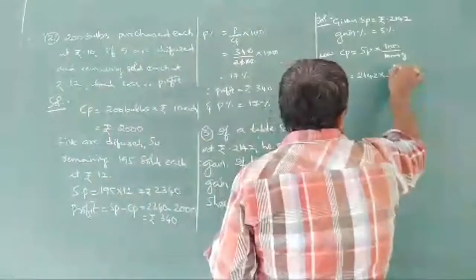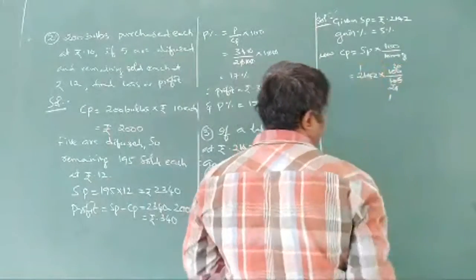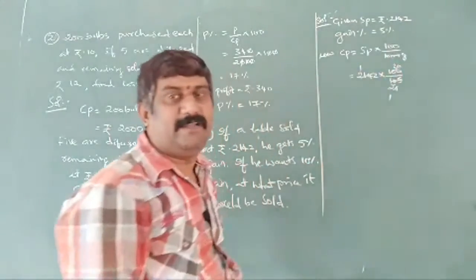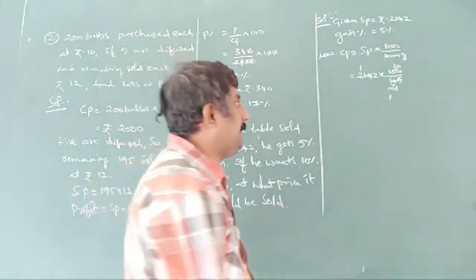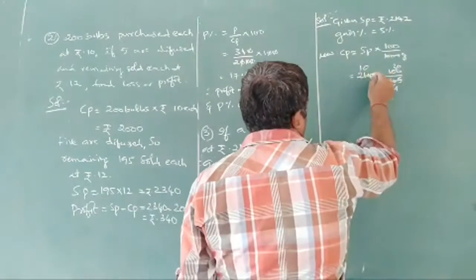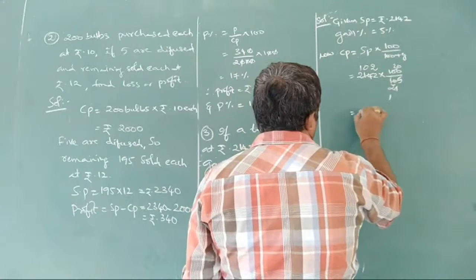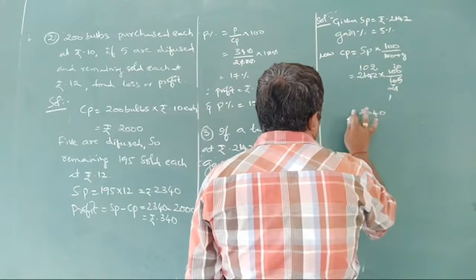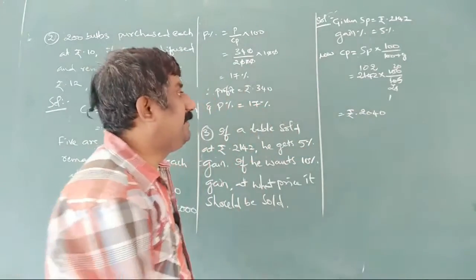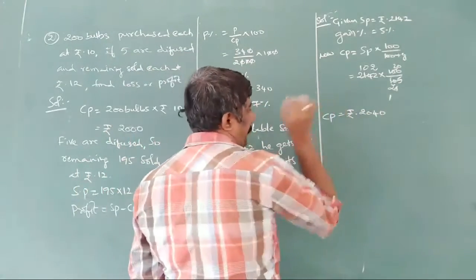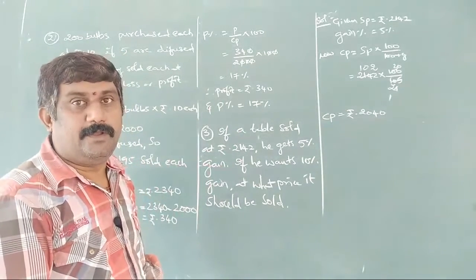Now 5 20s, 5 21s, 21 ones are 21. Next, what do we have here? 4. 4 is less than 21, so it cannot be done directly. So keep a 0 here. Now it becomes 42. How many times? 2 times it goes. So 2 2s are 4, that gives 2040, which is the cost price. Cost price of the table is 2040.